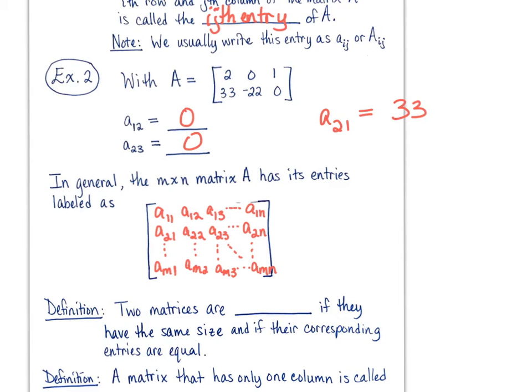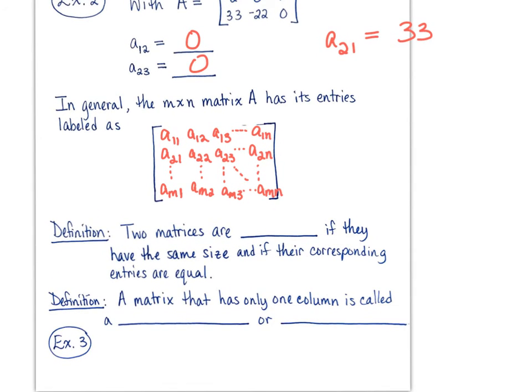Another definition. Two matrices are equal if they have the same size and if their corresponding entries are equal. So you have to have two things: they have to have the same size and their entries have to be the same. A matrix that has only 1 column is called a column matrix, or a column vector.